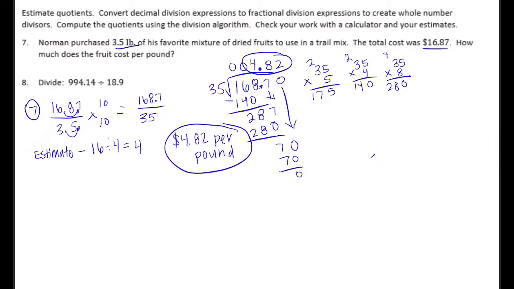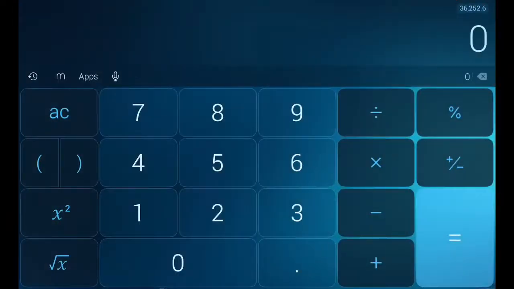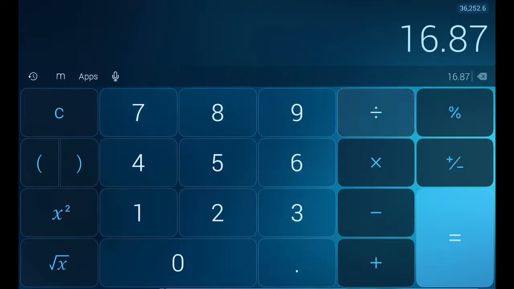That's pretty close to our estimate. Our estimate was 4. And it wants us to check with a calculator. The original problem was 16 and 87 hundredths divided by 3 and 5/10. Do we get $4.82?